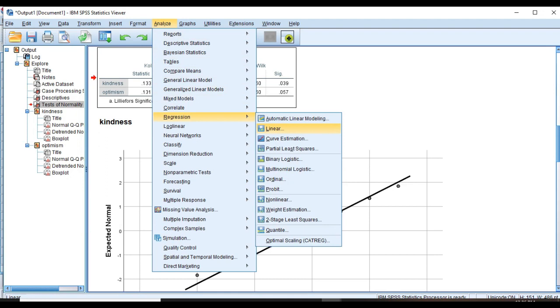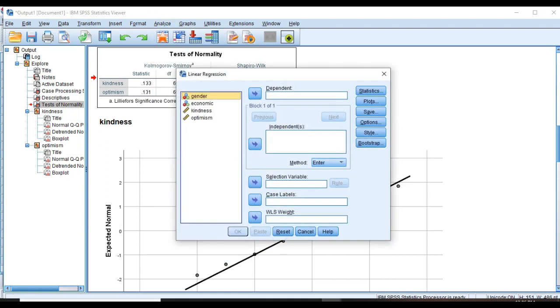Regression and then Linear. We use the linear regression function to calculate Mahalanobis distance, and it doesn't matter which dependent variable to choose because we're not running the regression to find out the contribution of predictive variables to a dependent variable.